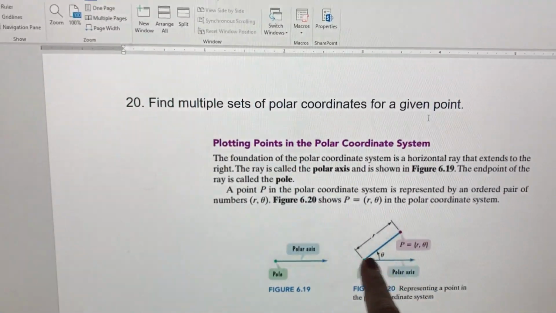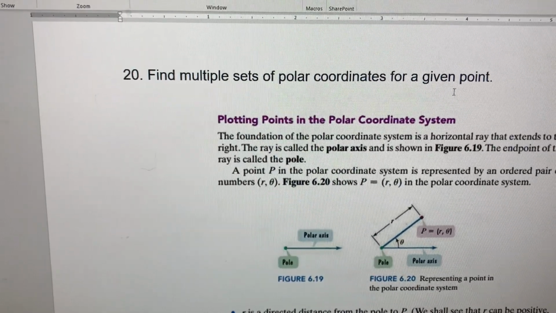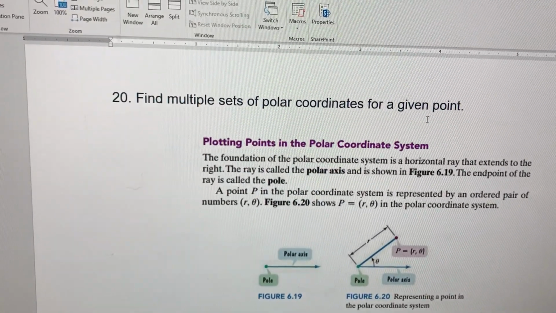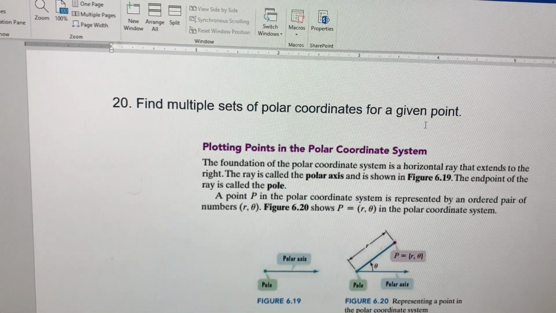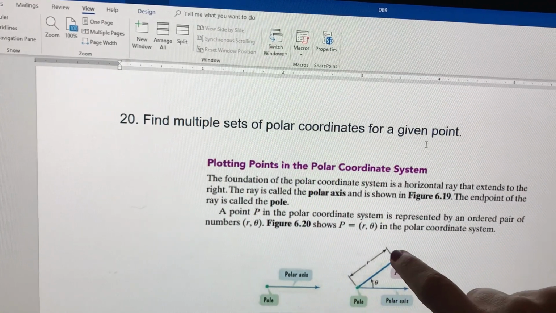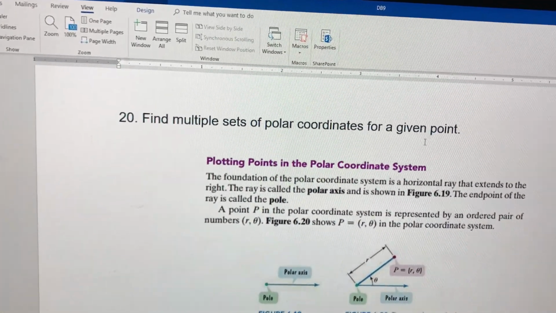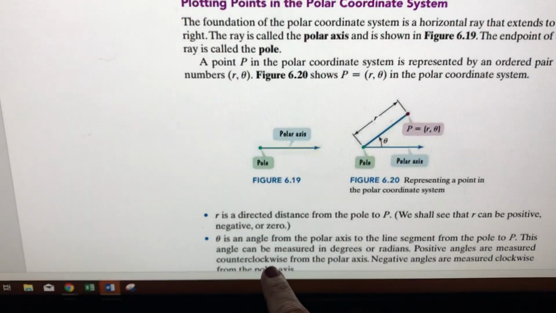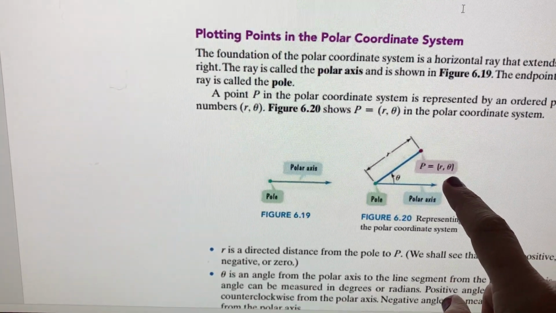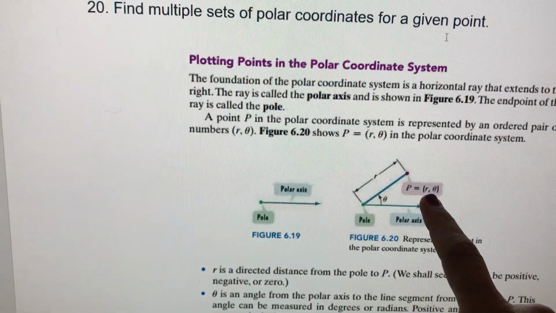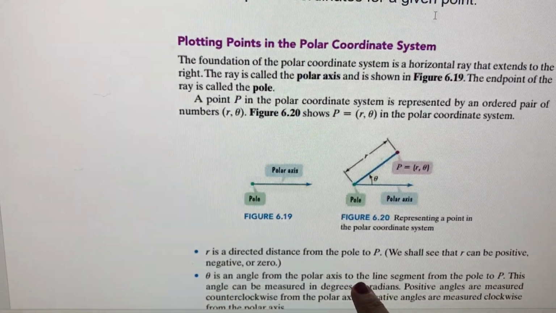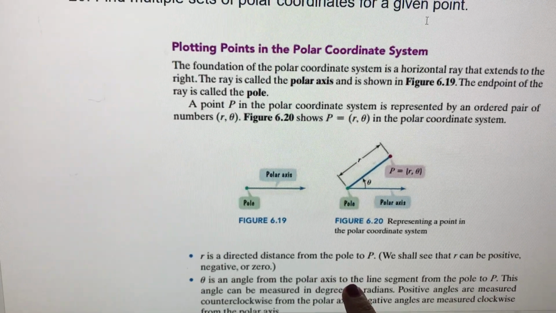R is the distance from the pole to P. So it's from the pole, this distance, to this coordinate P. Alright, and the angle, the second part of this coordinate P, is the angle from the polar axis.